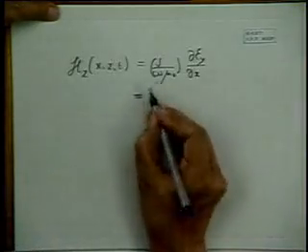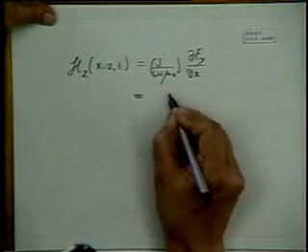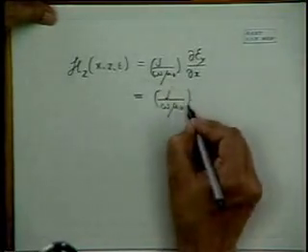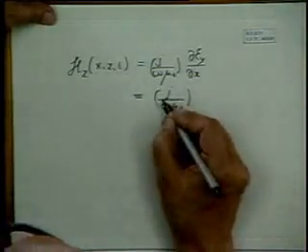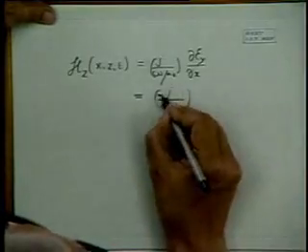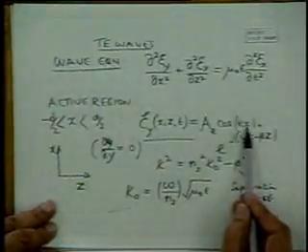And if we just substitute, we find that this is equal to j by omega mu 0, it becomes minus jk. Okay, this is delta Ey by delta x, so we are differentiating here.